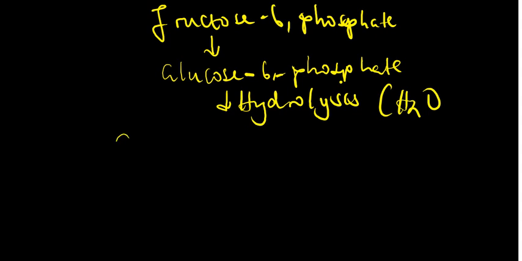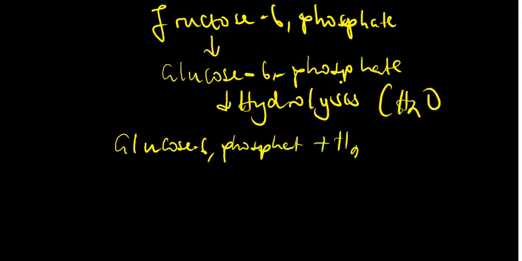So you're going to see this equation where we have glucose 6-phosphate being added onto water to give us the glucose that we actually want, plus the inorganic phosphate group. Now what you need to notice is that release of the free glucose requires two proteins.